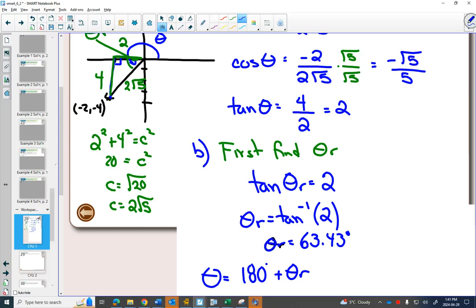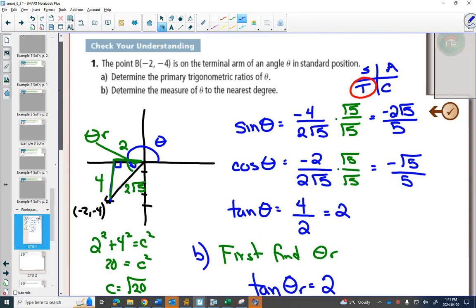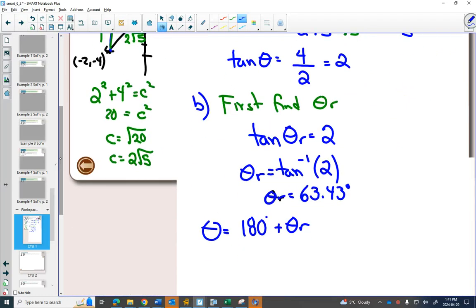So if I go 180 plus the 63, am I supposed to round in this one to the nearest degree? That will give me 243 degrees. These are the kind of questions that we're going to get with solving. Okay?